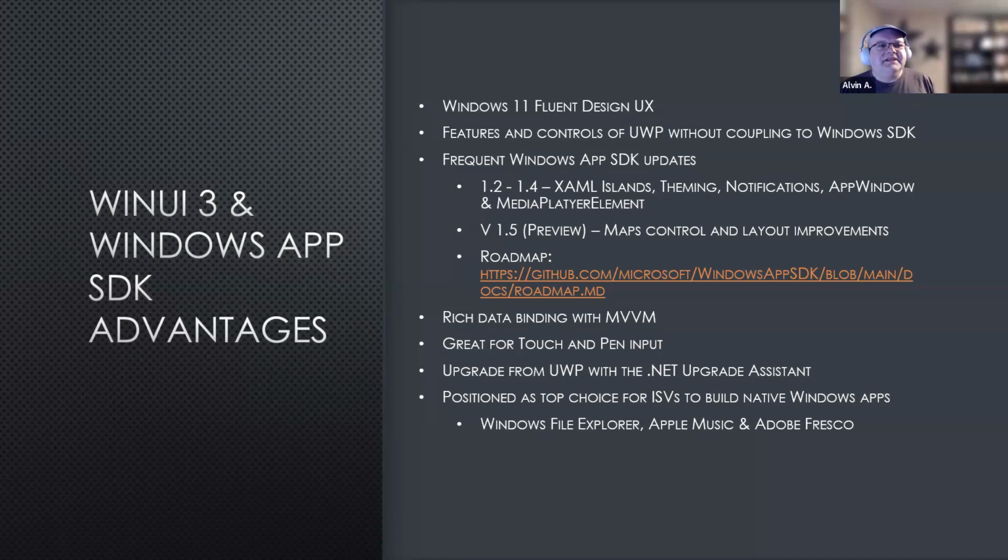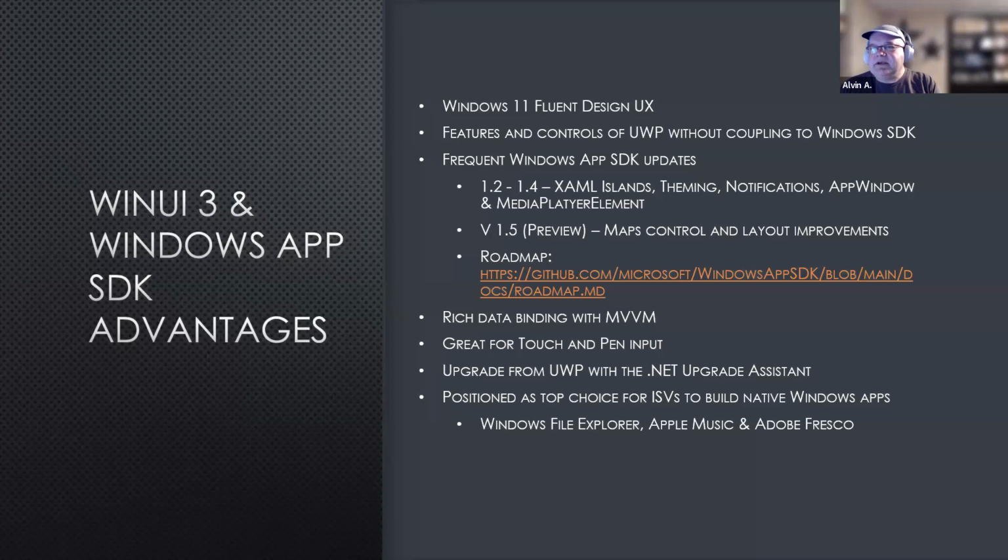Some of the recent updates brought XAML Island support, which allows you to host small containers of WinUI inside your other apps. Some additional theming support came. Notifications APIs were added recently. Improved windowing with an app window object. And media controls were recently added.